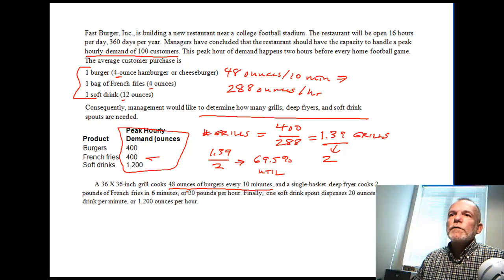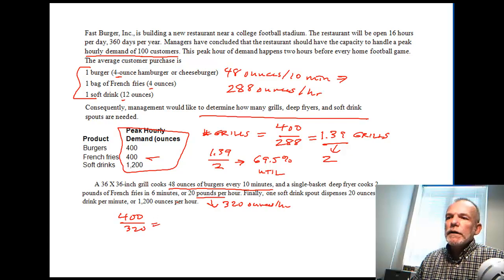How about the french fries? Need 400 ounces. French fries are 2 pounds in 6 minutes, or 20 pounds per hour. We need it in terms of ounces per hour. So 20 pounds per hour would be 320 ounces per hour. Again, we need 400 divided by 320.